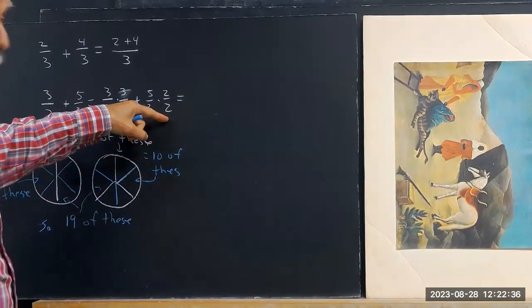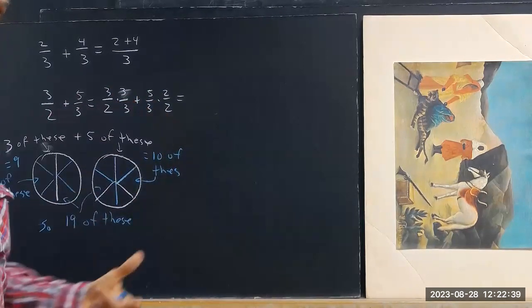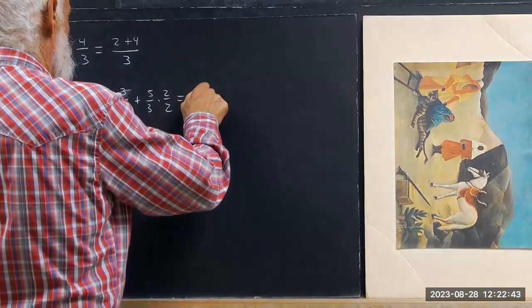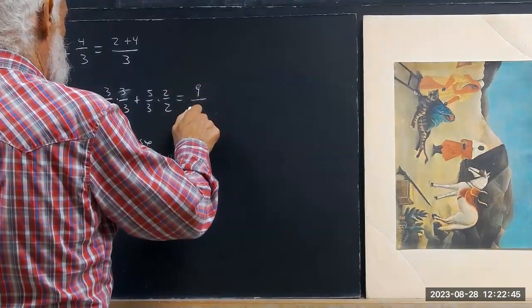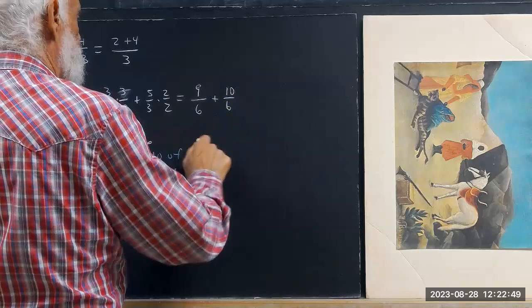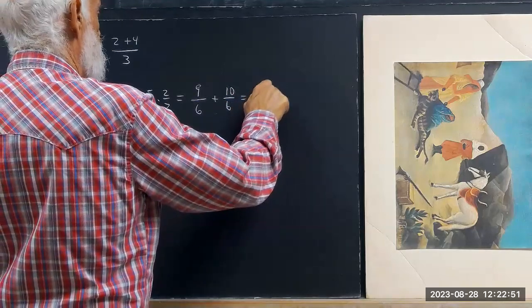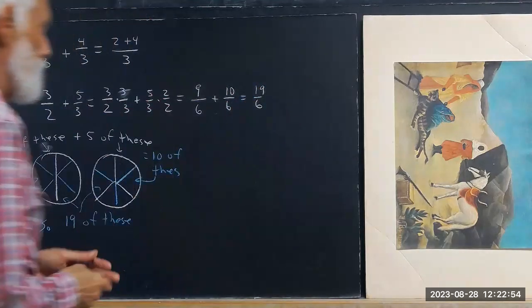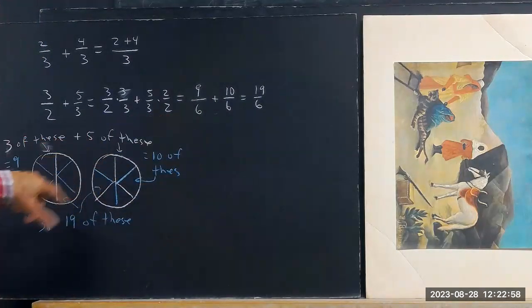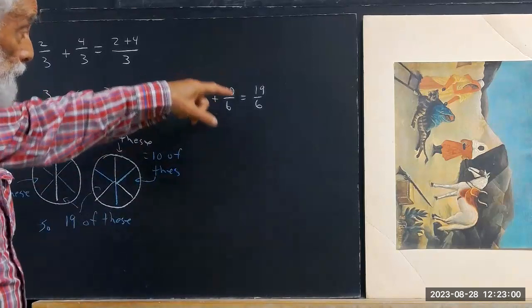It's legal to multiply by 2 over 2. If you know the rule for multiplying fractions, which I assume you do, though I need to review that a little bit, we have 9 over 6 plus 10 over 6, which is 19 over 6. Now, why 6? Because you cut each pizza up into 6 pieces. You've got 19 sixths.